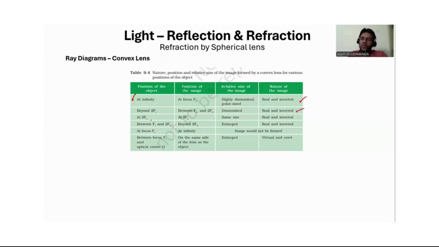When it is at 2F1 or C1, which is the center of curvature, the image formed is the same size, still real and inverted. Between 2F1 and F2, the image forms beyond 2F1, enlarged, real and inverted.